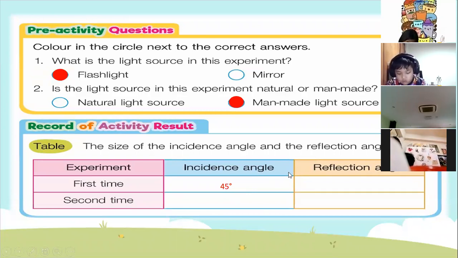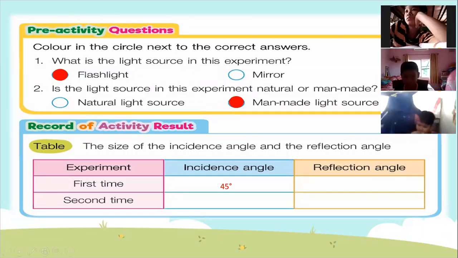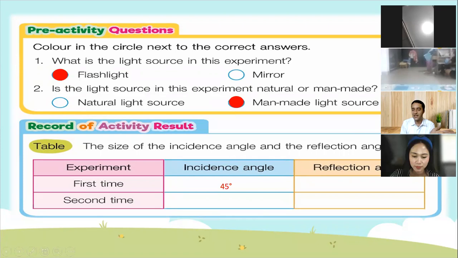So when the light hit the opaque object, the mirror, and reflected, what will be the reflection angle? Students, can you answer me? The incidence angle is 45.